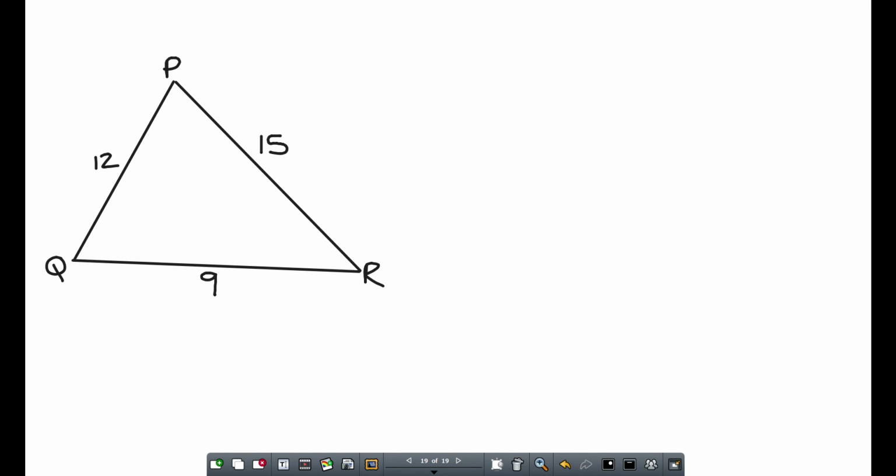Try this one on your own. Remember step 1, step 2, step 3. The same as what we just did. Check between those numbers which one is the bigger one, the longer one.